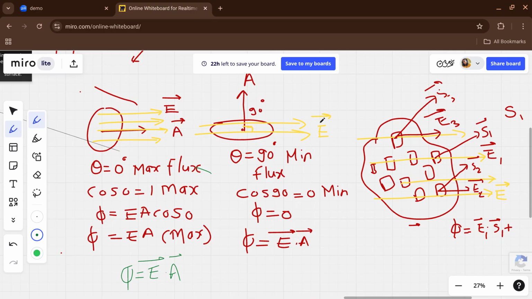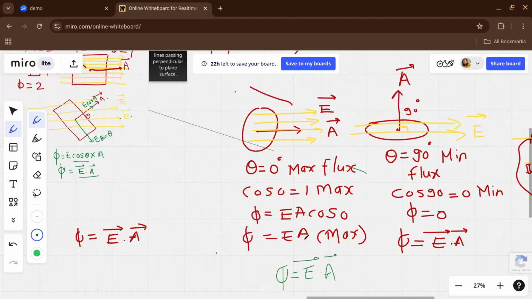So in this case, E bar is perpendicular to A bar, and not a single line is passing perpendicular to the surface. So we are getting minimum flux. When the field and area are inclined at 90 degrees, we get minimum flux. Again at cos 90, we get the minimum output, which is 0. So phi can be 0. Again here we can say phi equals E bar dot A bar.